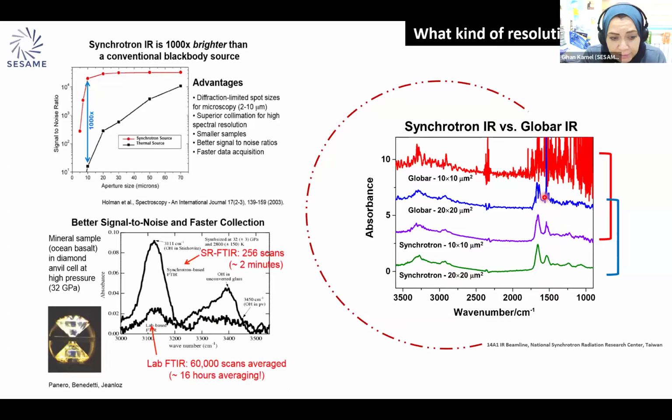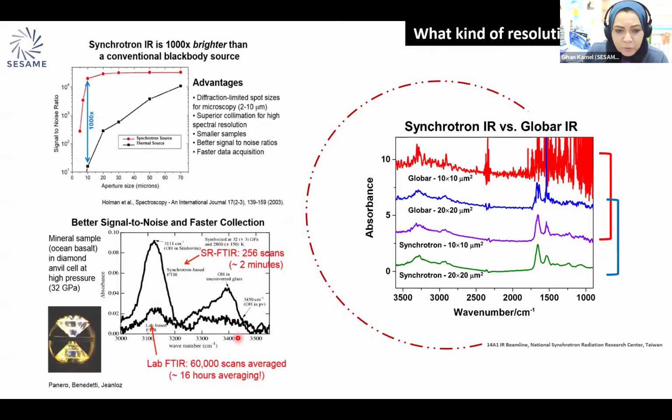This is an example that I always put in my presentations. By the way, many of these slides are repeated many times, but for newcomers, it may be beneficial. This is an example of a mineral sample. Without any background, you just compare these two spectra here.